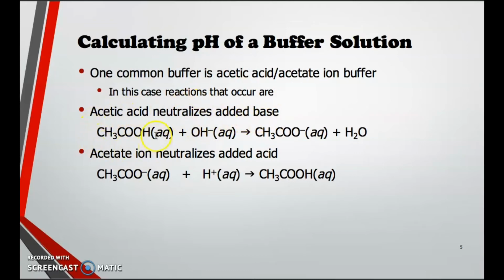Look at this, this is the acetic acid and this is the hydroxide ion, and this is the acetate ion. Acetate ion neutralizes added acid. Look at this, this is the acetate ion reacting with the hydrogen ion to form acetic acid.